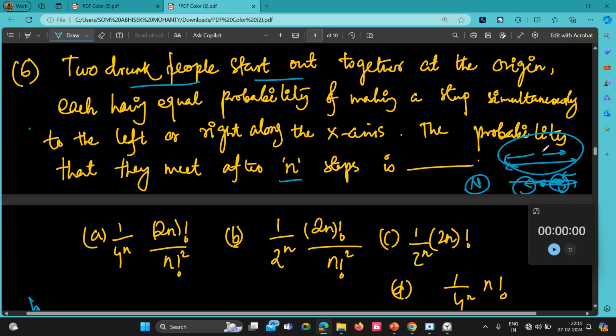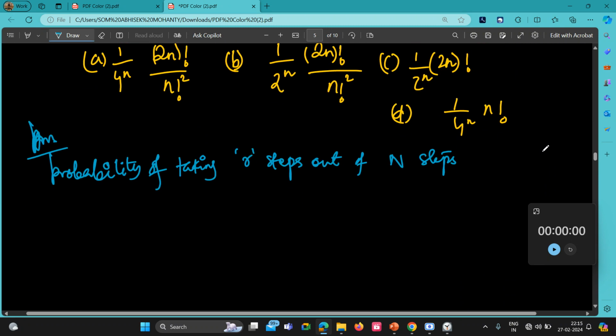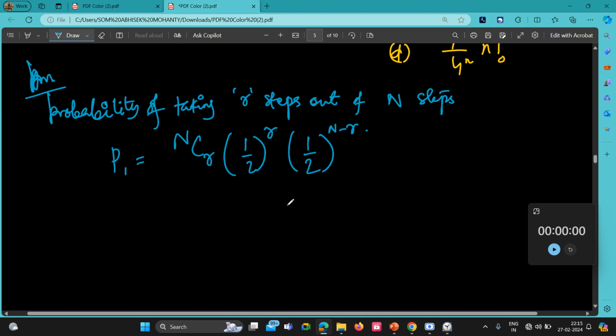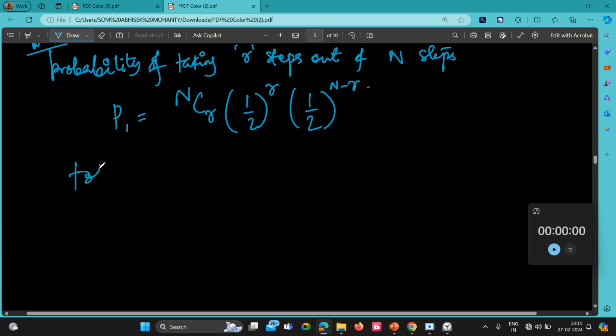The formula for it is P1 equal to NCr, half to the power r, half to the power n minus r. Now total number of steps is what?